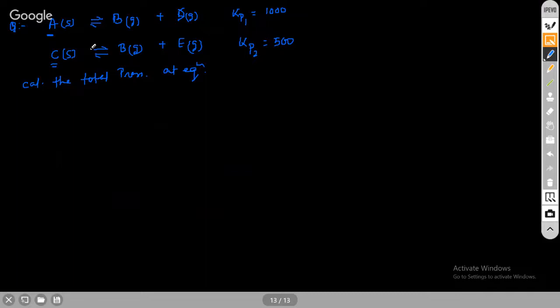Try to solve this. Better you make this as 600, your calculation will be easier then. This Kp2 you take as 600, not 500.